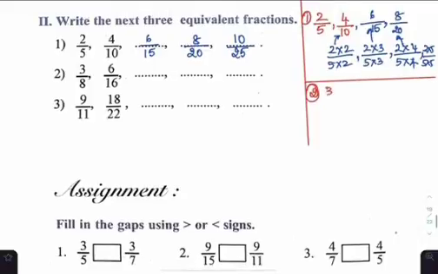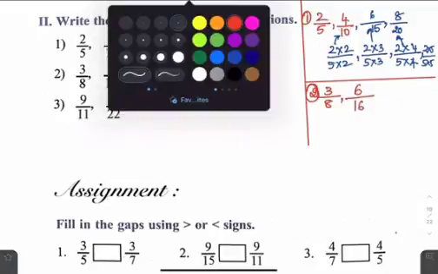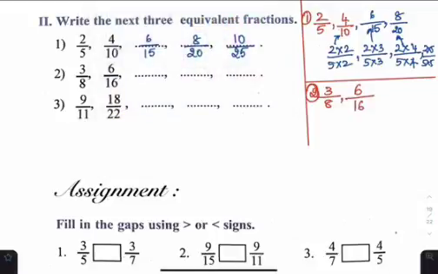3 by 8 and 6 by 16. How did we get 6 by 16? 3 into 2 divided by 8 into 2. This we got as 6 by 16. Similarly, 3 by 8 I've multiplied by 3.